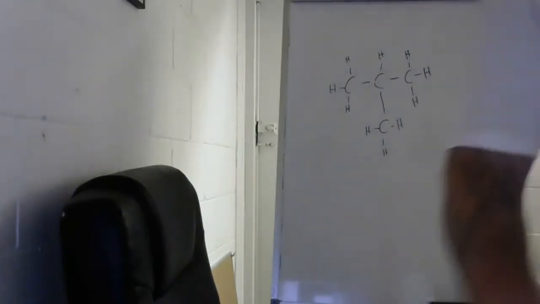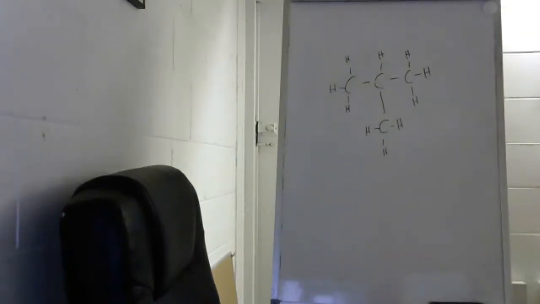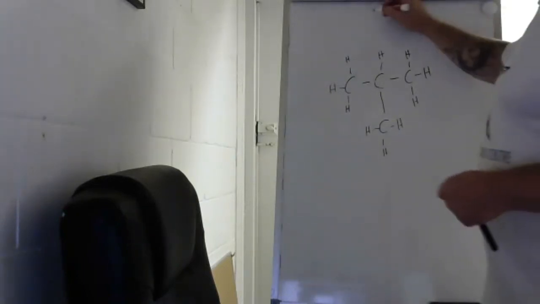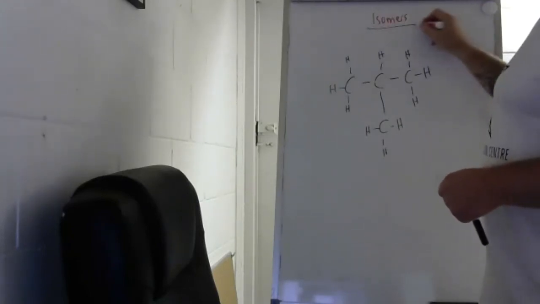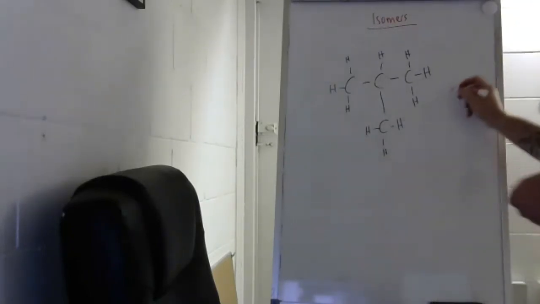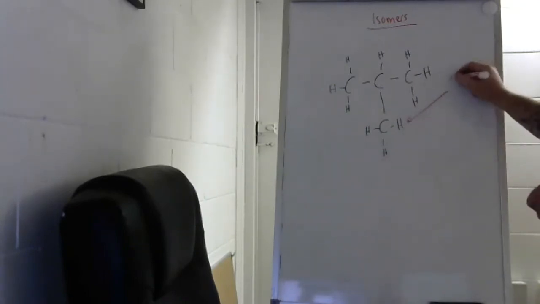And we vaguely visited isomers in the alkenes. So what this is, an alkyl side chain.